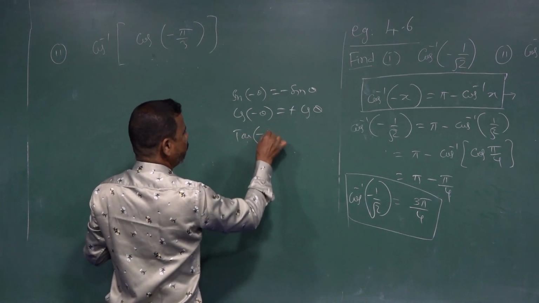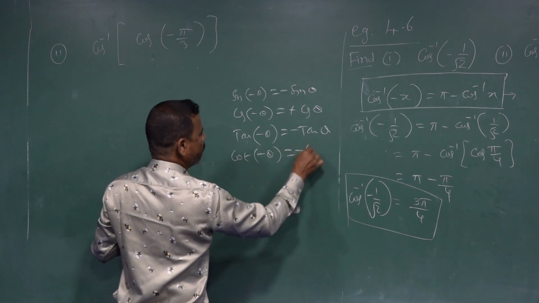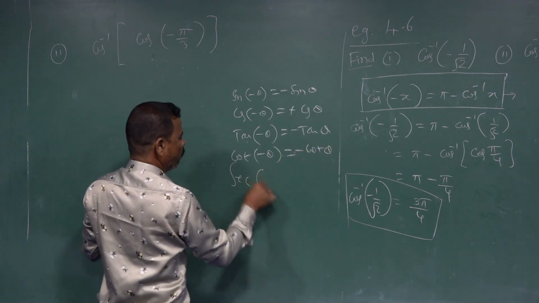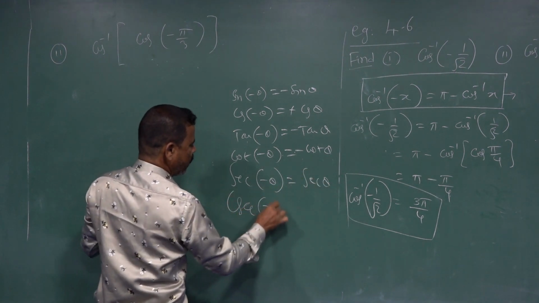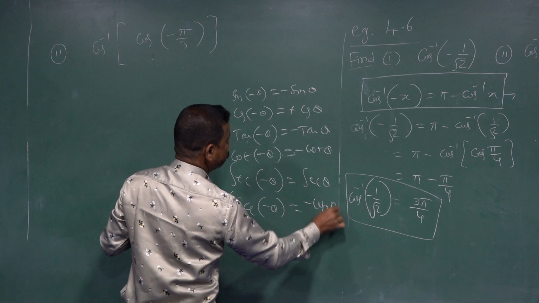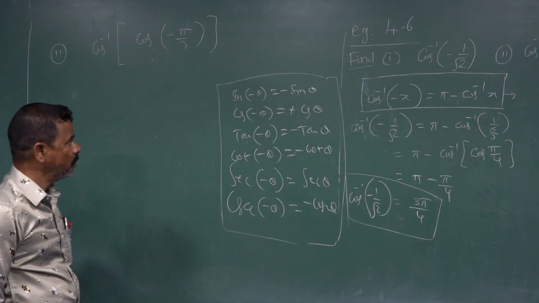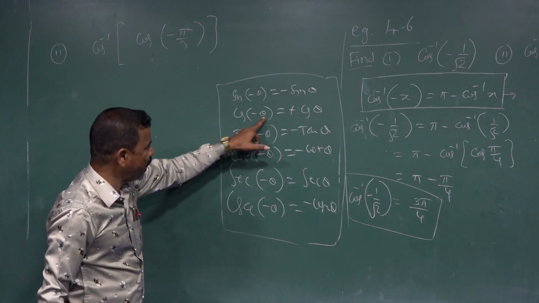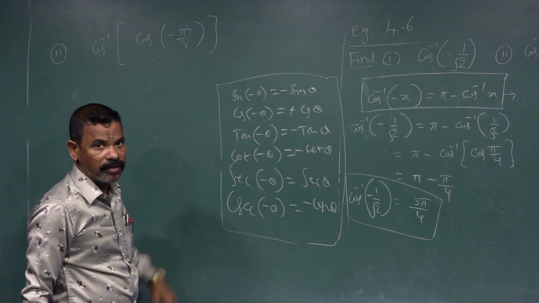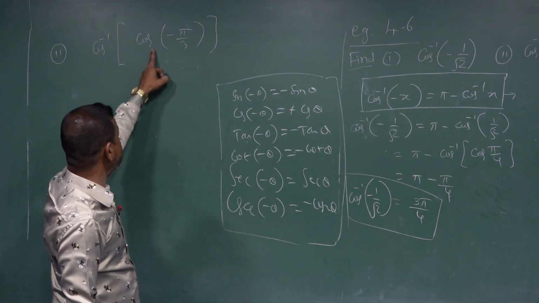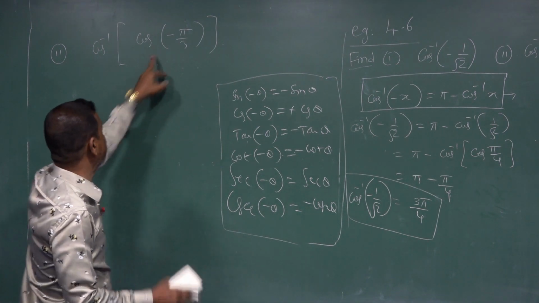Tan of minus theta is minus tan theta. Cot of minus theta is minus cot theta. Sec of minus theta is plus sec theta. Cosec of minus theta is minus cosec theta. These are another set of formulas. Cos of minus theta and sec of minus theta are both positive, the remaining are all negative. So according to this, cos of minus theta is considered as plus cos theta.